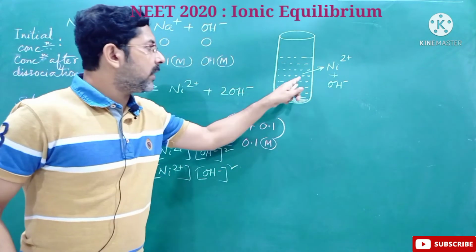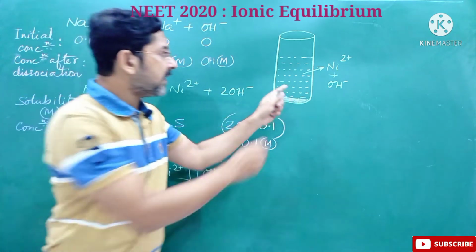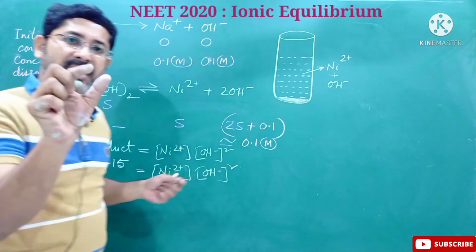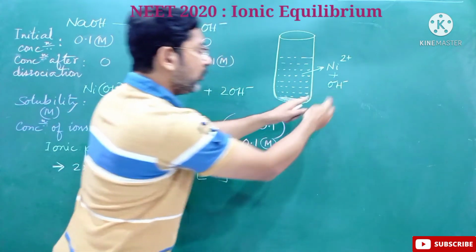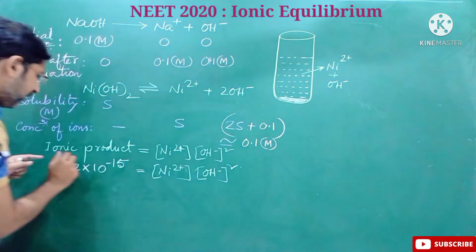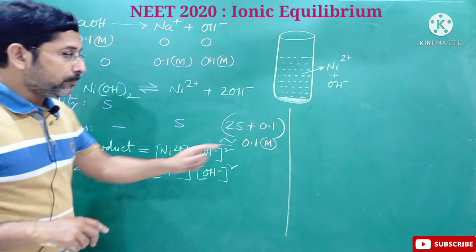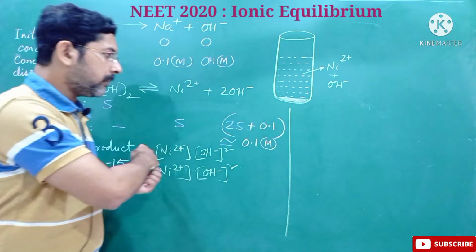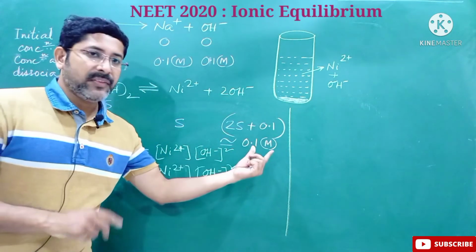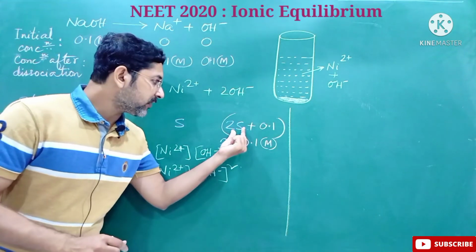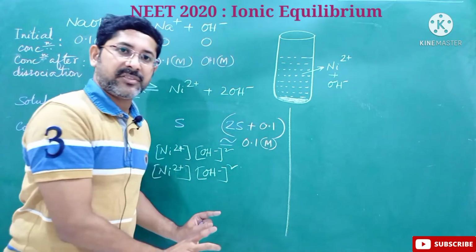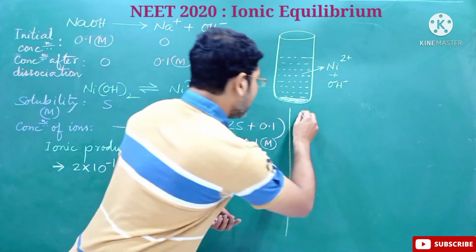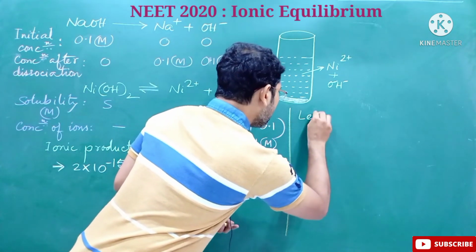Ni2 plus and hydroxide ions are present in the solution to a very little extent, and the product of the concentration of these ions is known as the ionic product. This part is not the solution of the problem. I am trying to clarify why the 2S term can be neglected with respect to the 0.1 molar concentration.